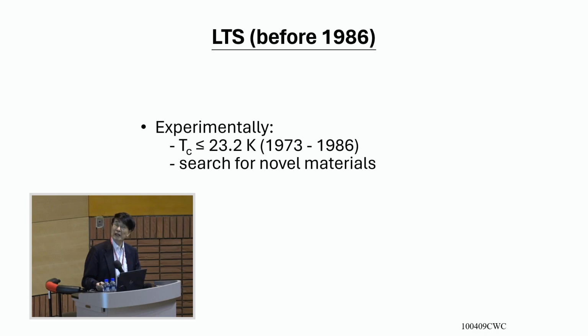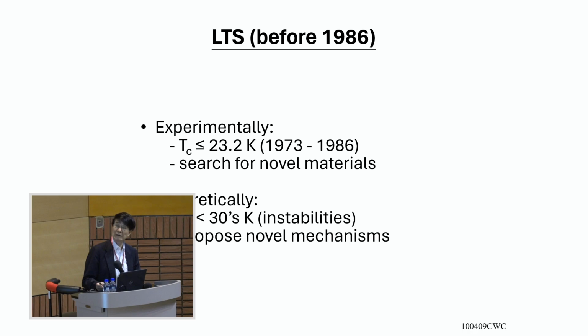So before 1986, experimentally, TC was 23.2 degrees, discovered by Testardi in 1973. And then people started looking for novel materials. And theoretically, they felt that was the limit, which was restricted by the instability of the material.